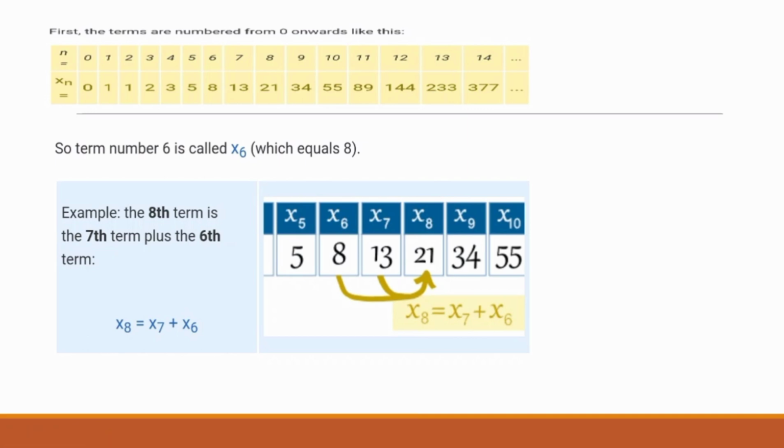So, yun yung sinasabi, class, na a number is the addition of the last two numbers. So, halimbawa nga, kinuha natin is 8. Yung last two numbers niya, yung previous numbers niya is the 6 and 7. So, we will get 8 plus 13 is equals to 21. Naintindihan nyo? Okay, next.